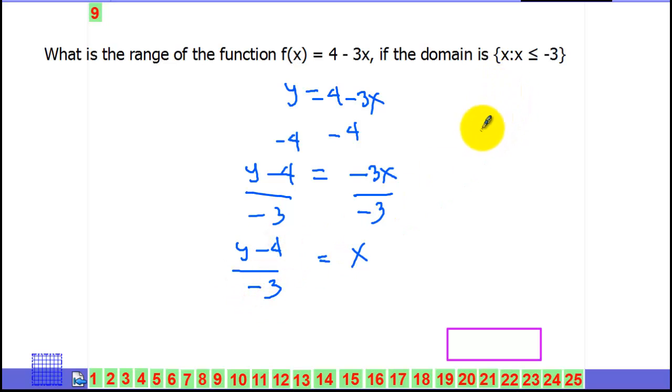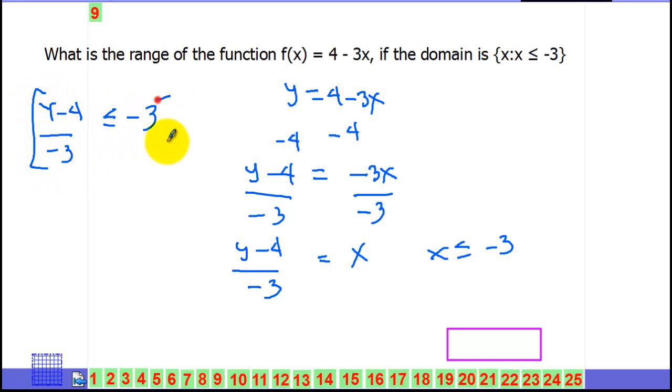Now our domain is x less than or equal to 3. So we can connect this equation with this inequality using our transitive property. So y minus 4 over negative 3 is equal to x, but x is less than or equal to 3.